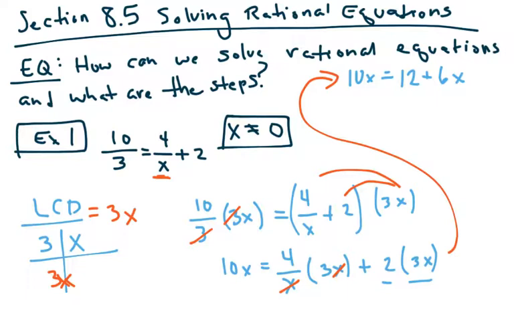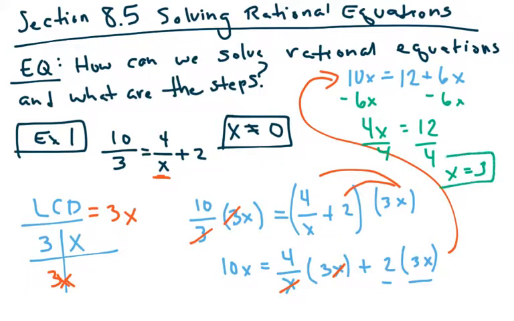So we go ahead and we would subtract 6x, subtract 6x, and we get 4x equals 12, divide by 4, divide by 4, and you should get that x equals 3. Okay. So that was example 1.